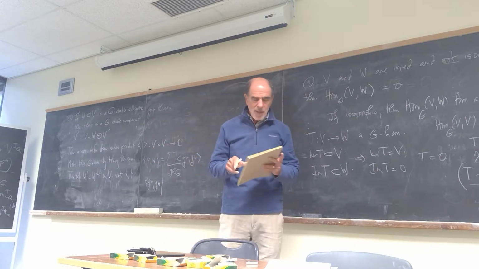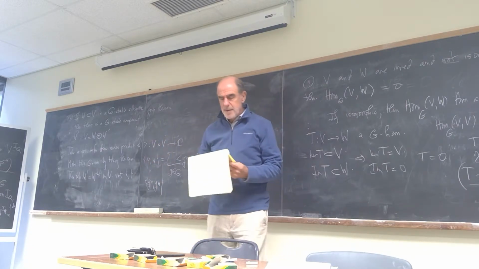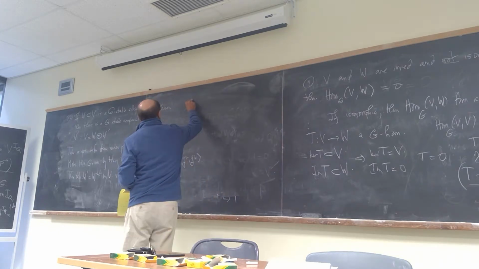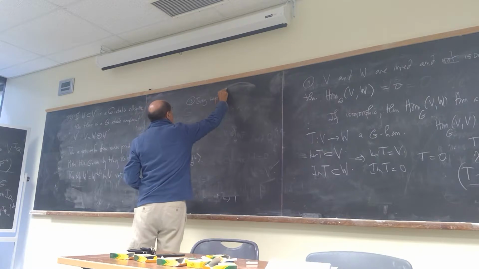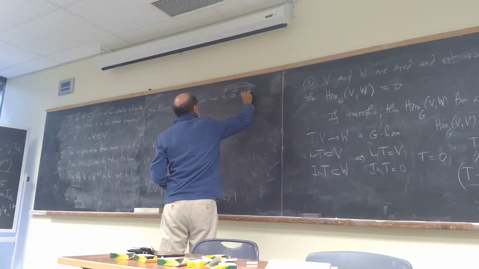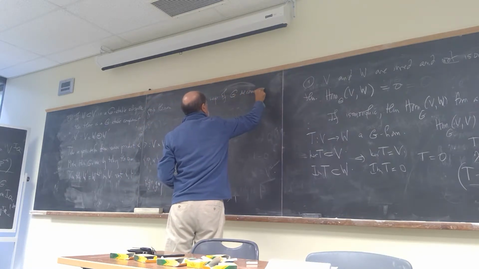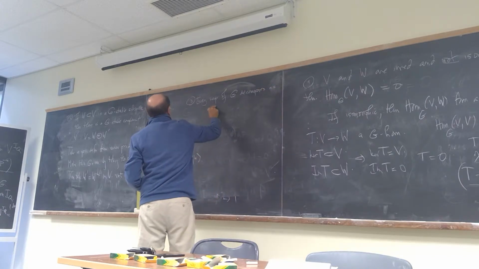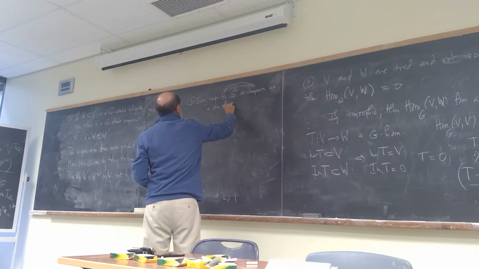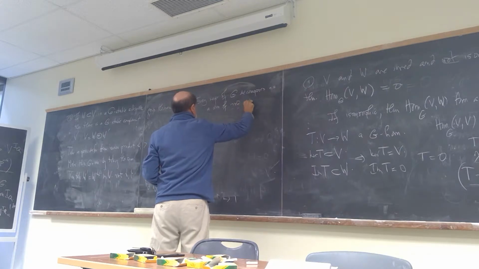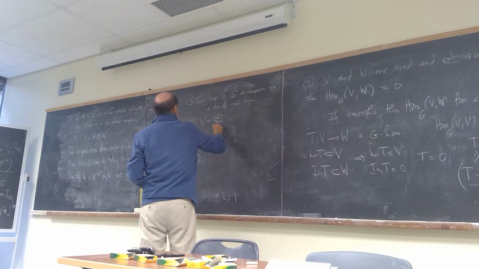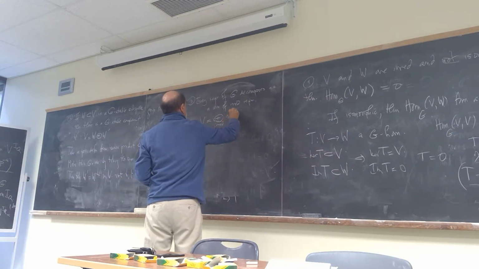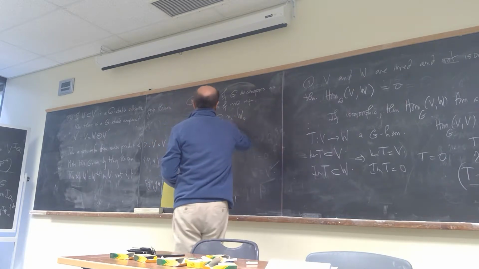Okay. Corollary, that's number 3. Corollary of 2, 3, every representation of G decomposes as a sum of irreducible representations, namely that V is the direct sum over irreducible Wi of Mi Wi, where you might have to repeat something.